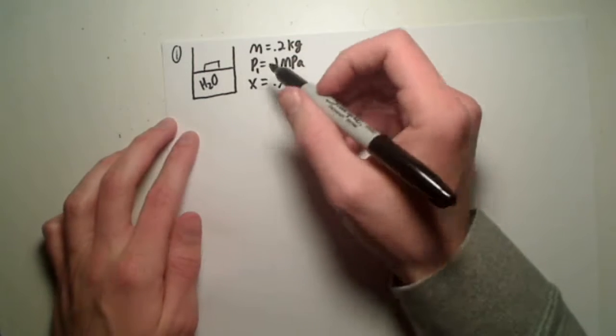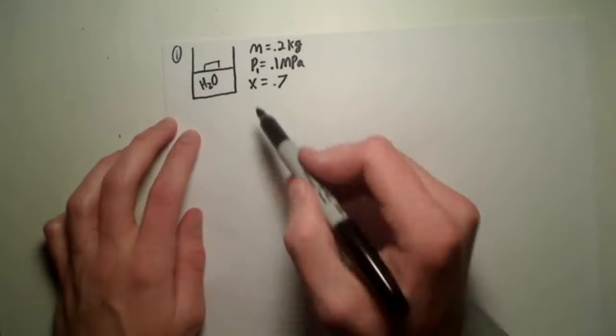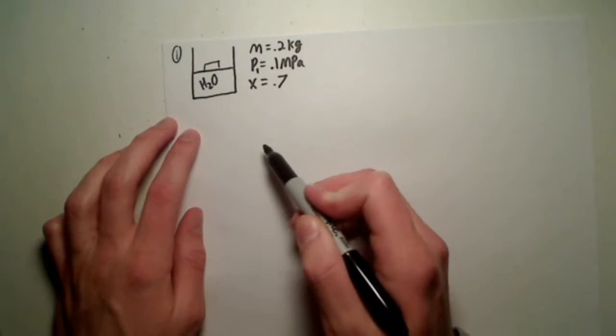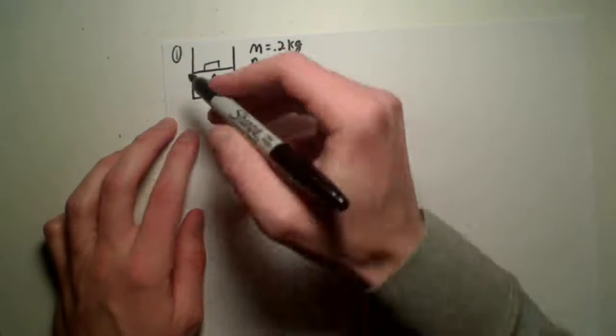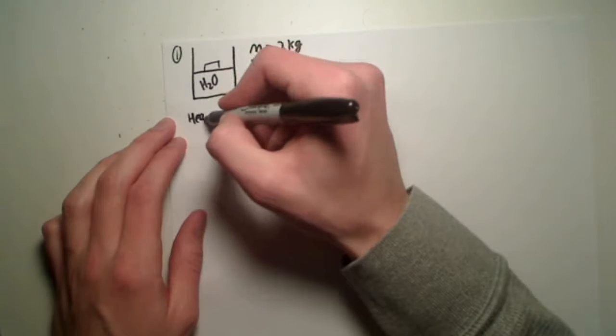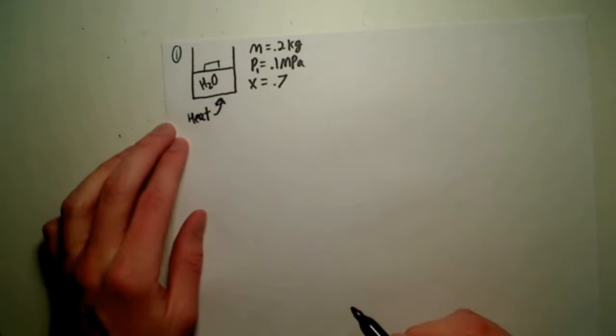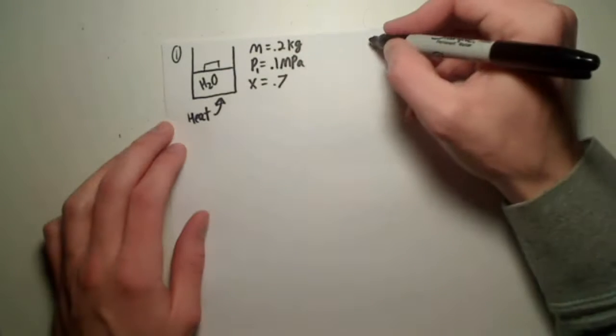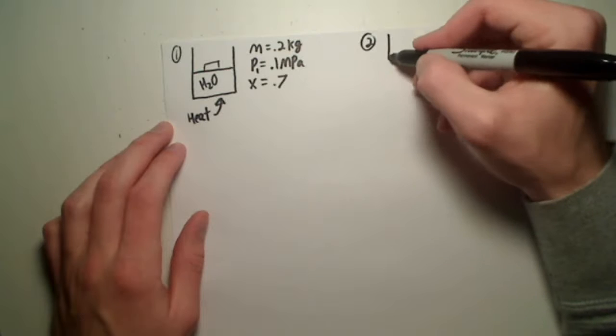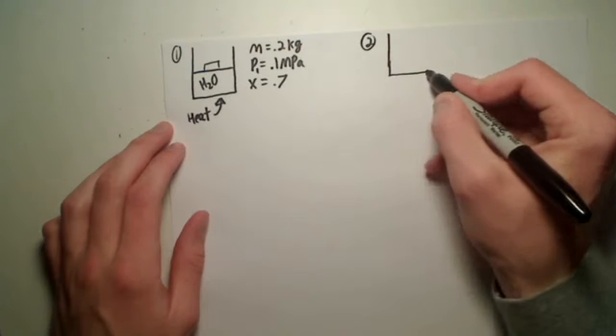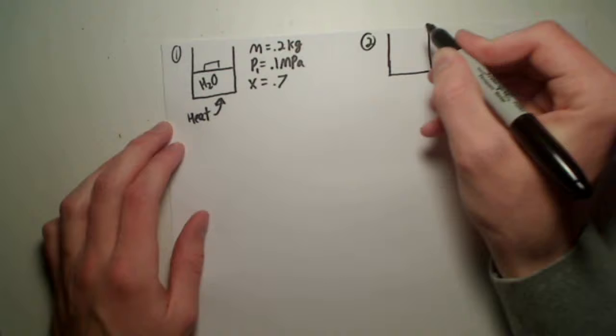This is saturated, because we have a quality, and I'm going to heat this up. Heat is going into this piston, and I'm going to heat it up until it is completely a gas, until its quality equals 1.